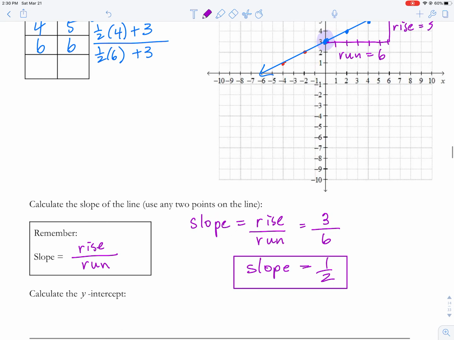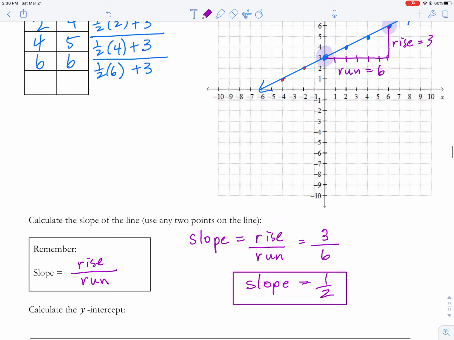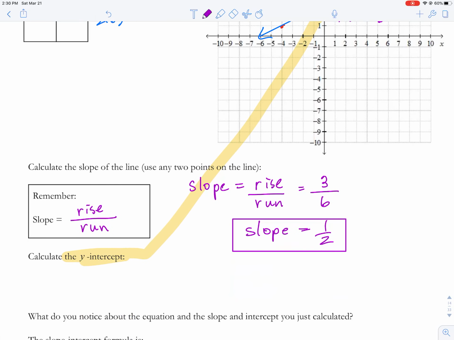Next it says calculate or find the y-intercept. I already highlighted it purple, but I'm going to add yellow. That's my y-intercept. And just a reminder, the y-intercept is where the line crosses the y-axis.